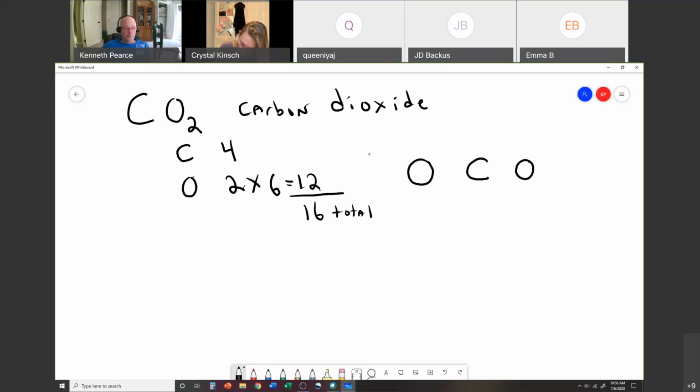Now, what's our next step? We have the carbon in the middle. The other atoms are surrounding it. Our next step is to make bonds, right? So let's go ahead and make some bonds. I'll make one bond, make two bonds. Here's my second bond. I've only got two things to glue on, so I'm only making two bonds, right?